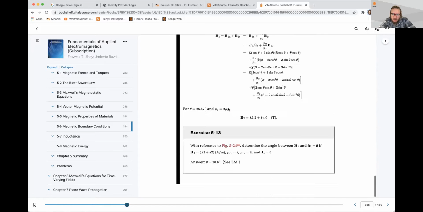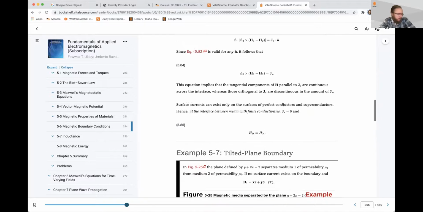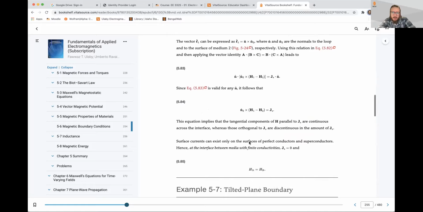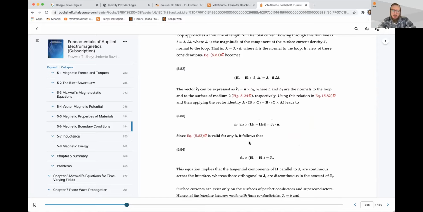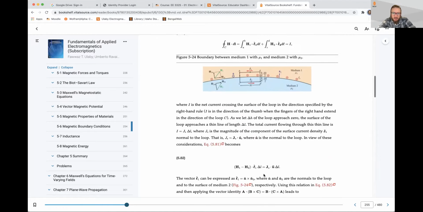And let's see here. Yeah, okay. So basically what we end up finding is that for magnetostatics, the tangent fields are going to be the same, which is the opposite of electrostatics. In electrostatics, we solved for the tangent field because that changed, whereas the normal did not change. And in this, we are solving for the tangent fields.